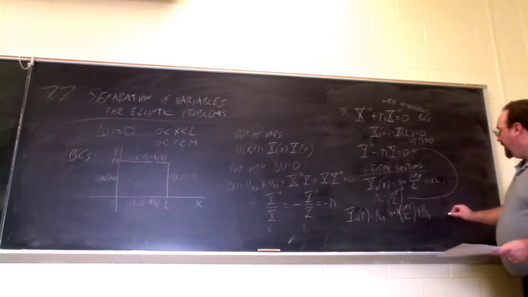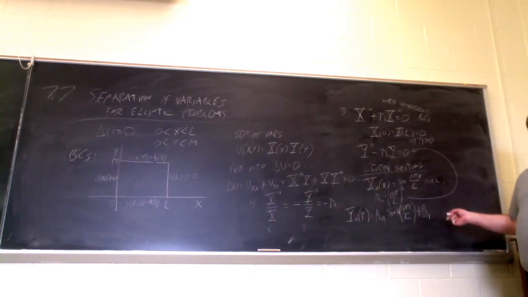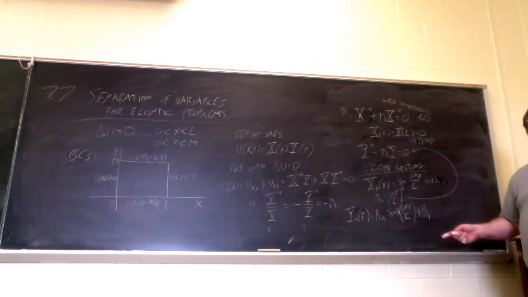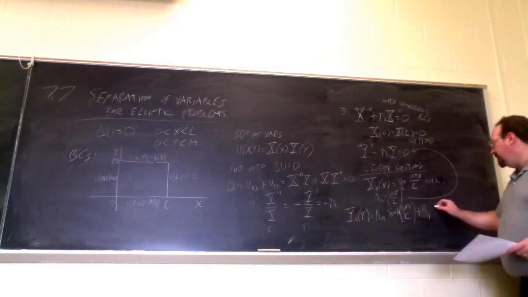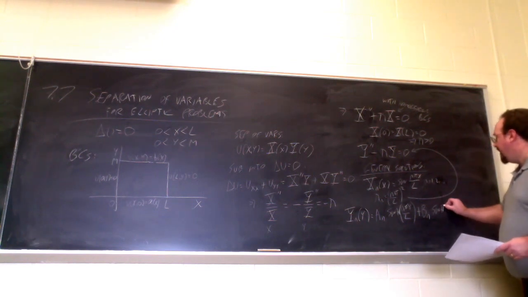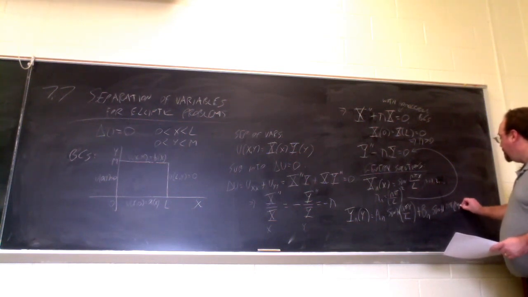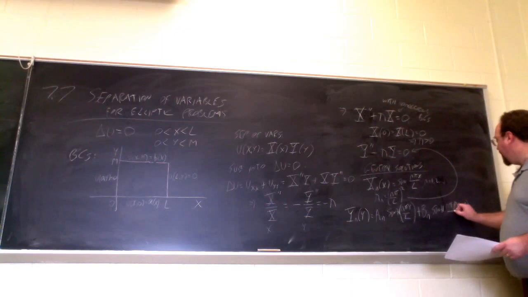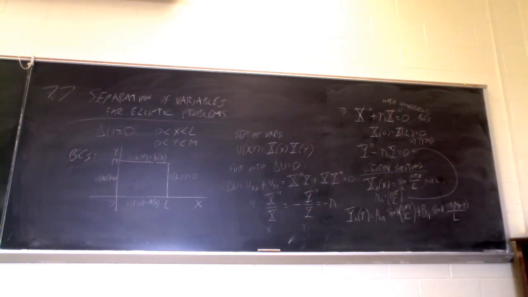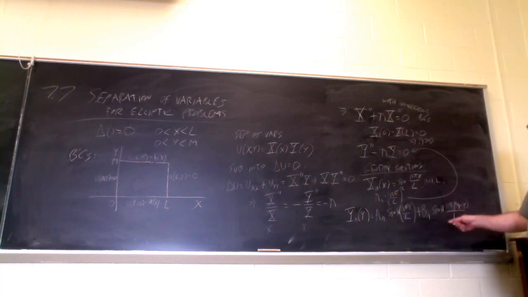Now you might think, oh, I'll put a hyperbolic cosine here. I could do that, but it's not convenient. Here's what is convenient: hyperbolic sine of n pi (M minus y) over L. And the reason why I do that is if I plug in y equal to big M, this term goes away.